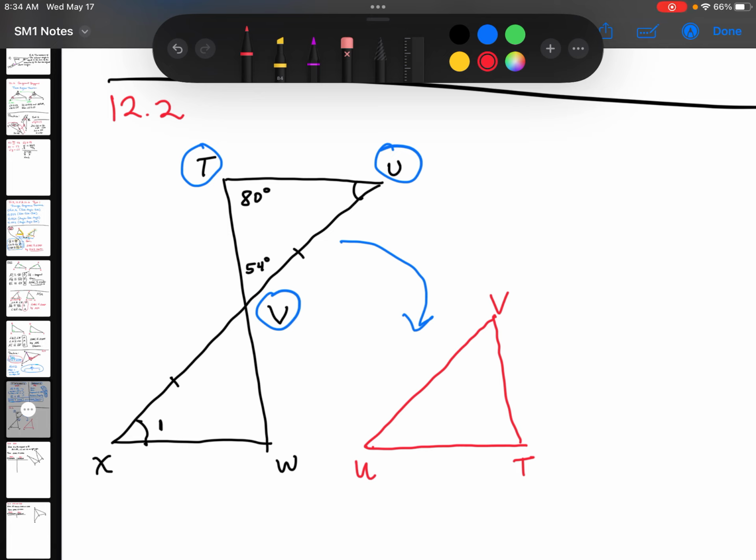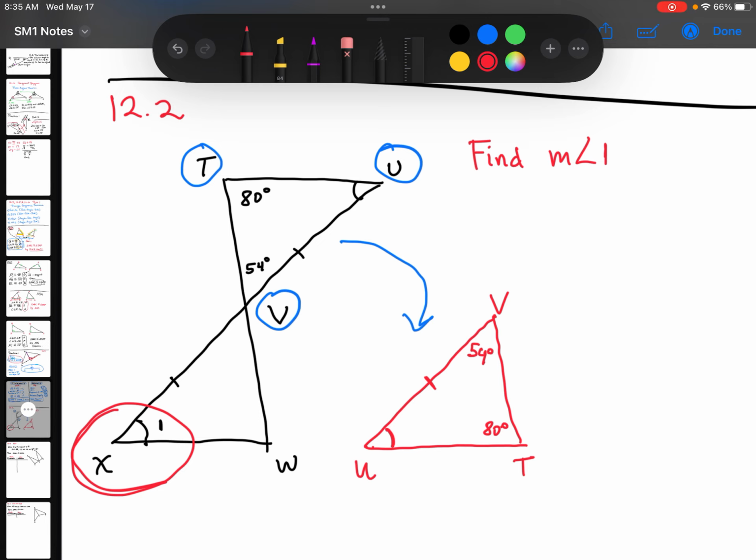That means that UV is located right here, and this angle is right here. We have a 54 right here, and we have an 80 right here. Okay? So now, here's the thing. What we need to know in this specific exercise is the measure of angle 1. It's right here, located at vertex X.